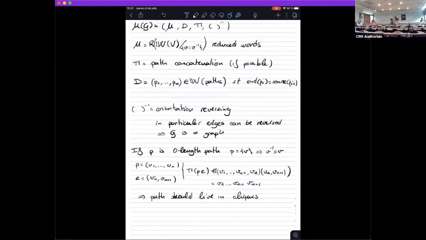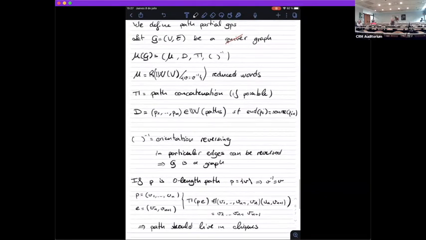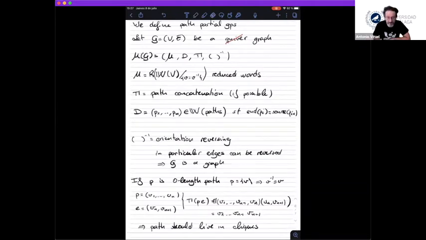So again, it's not that here we are going to have a reduced word, but what we have to do is just to take the union.